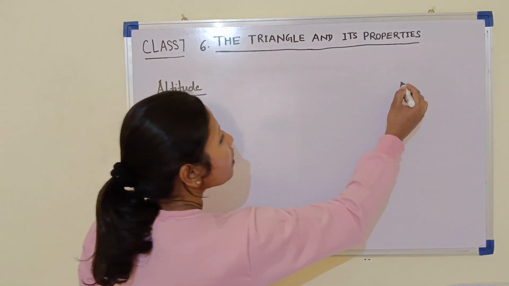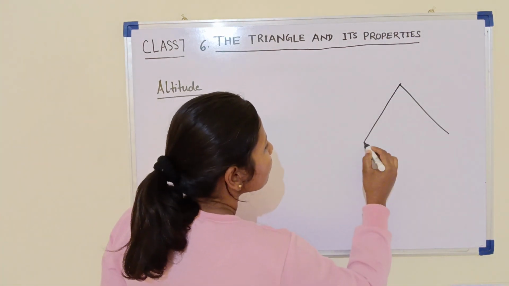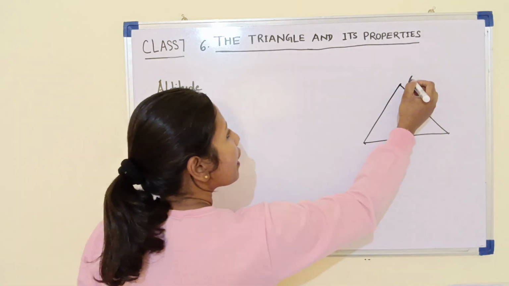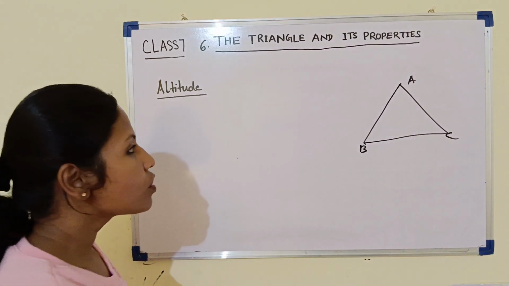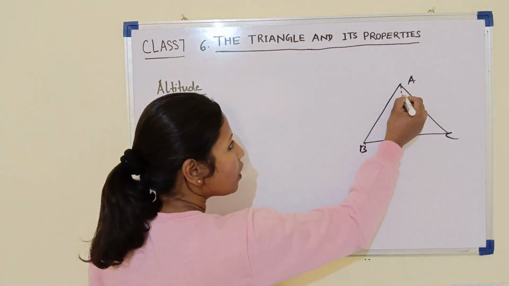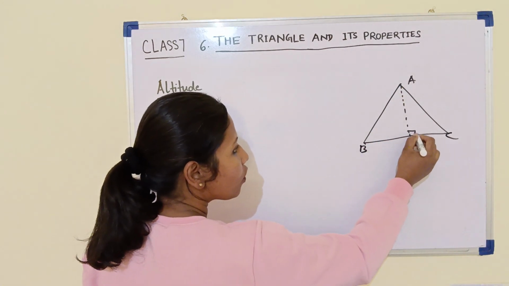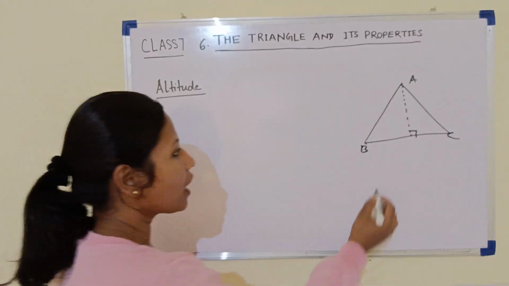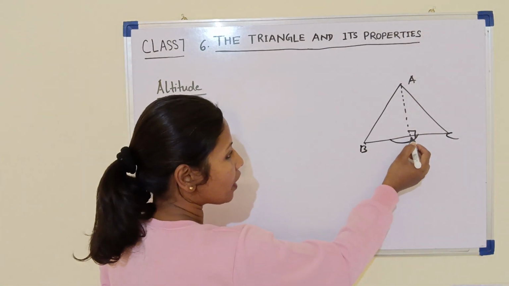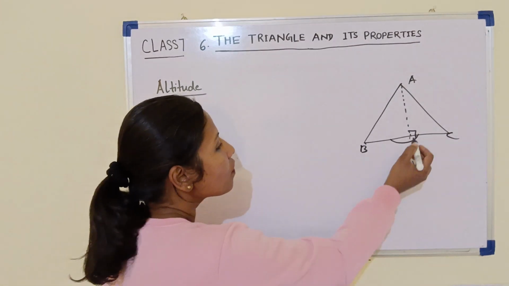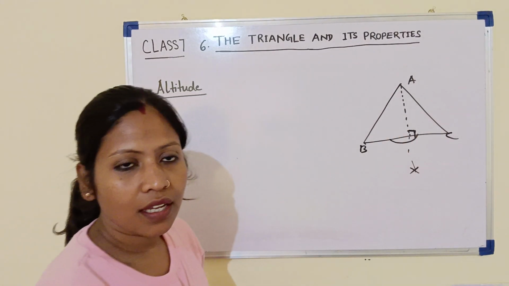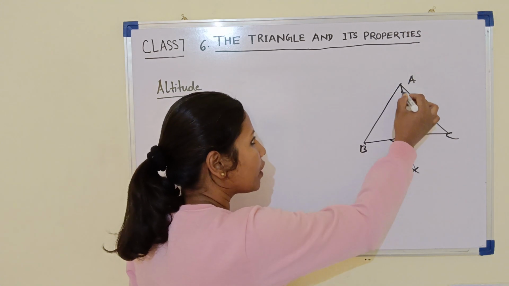So suppose we have a triangle ABC. If you draw a perpendicular to this, perpendicular means you have to make an angle of 90 degrees here. आप ऐसे प्रोट्रैक्टर से लोगे और यहाँ पे कुछ 90 डिग्री का एंगल बनेगा. So this angle is 90 degrees. So this is the altitude. What?